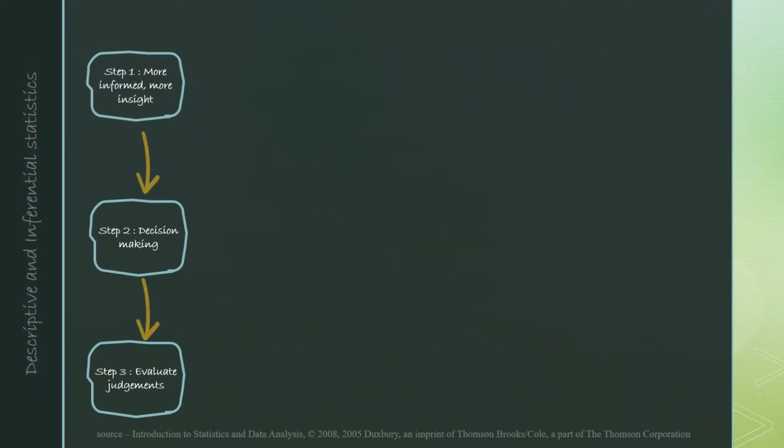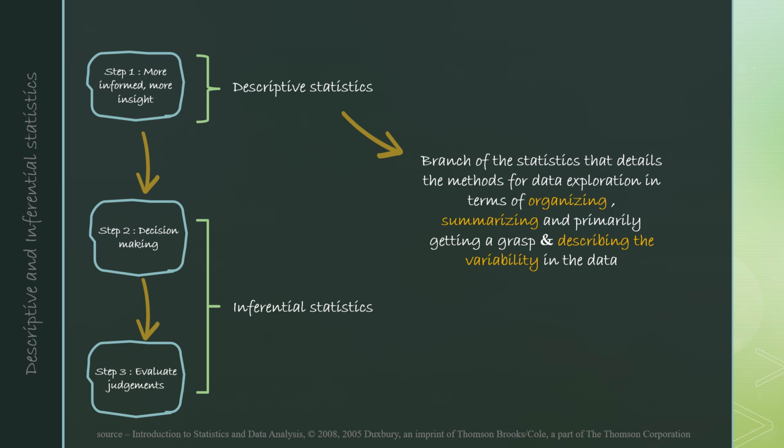The steps involved in the statistical analysis process are broadly classified into two branches, namely descriptive statistics and inferential statistics. Descriptive statistics is a branch of statistics that details the methods for data exploration in terms of organizing, summarizing, and primarily getting a grasp and describing the variability in the data.